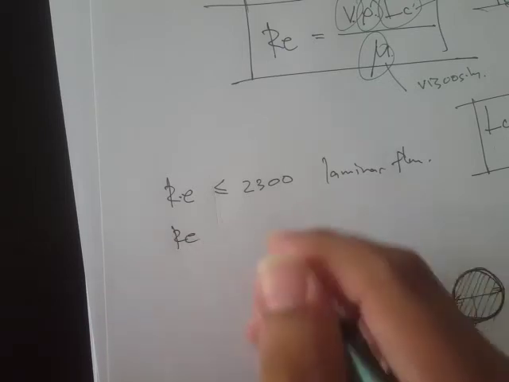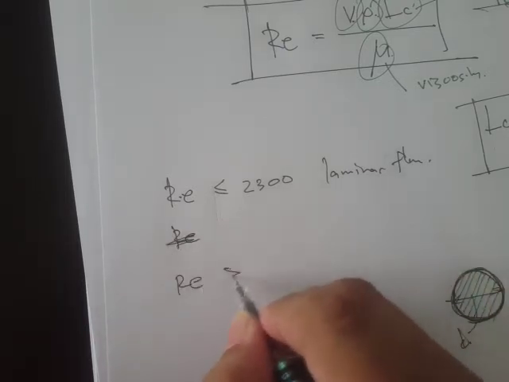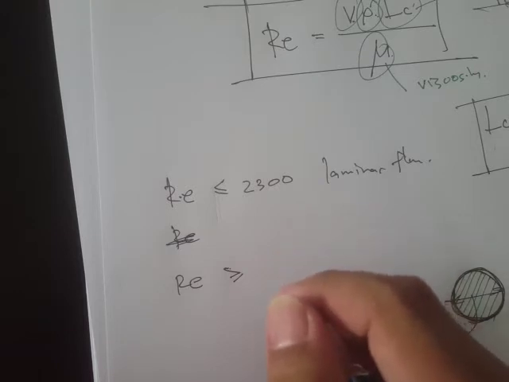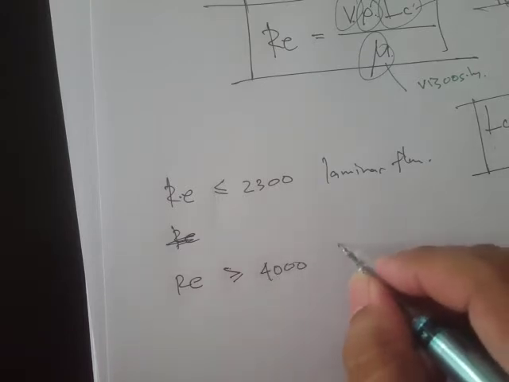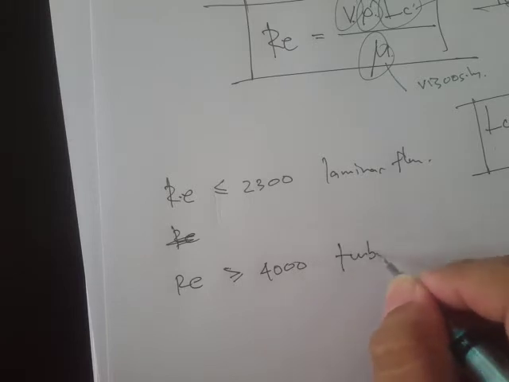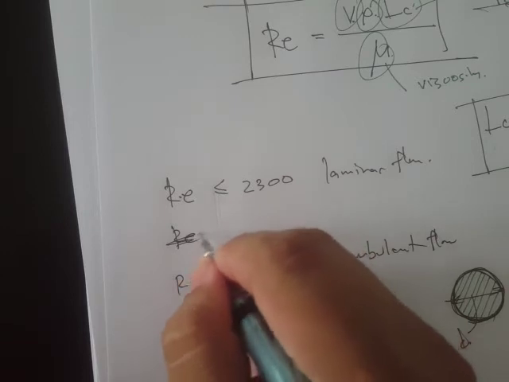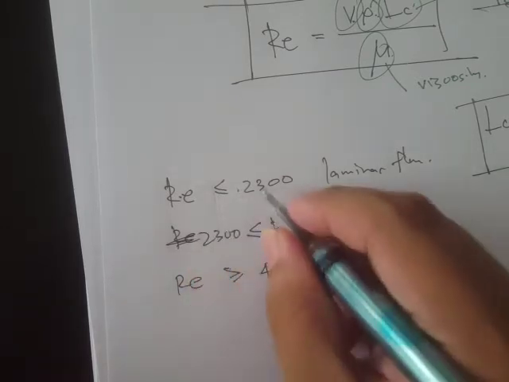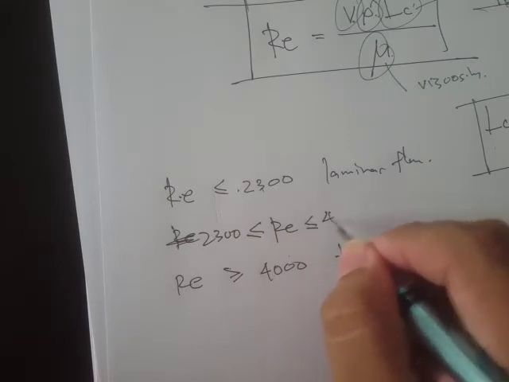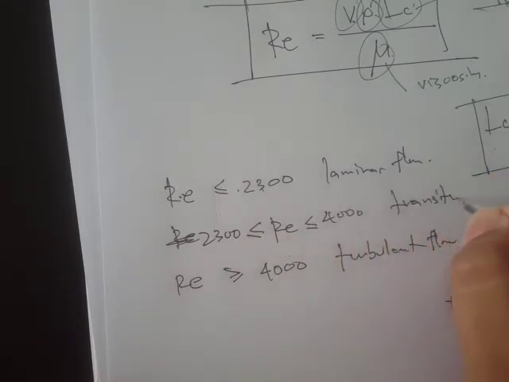And if Re is greater than 4,000, then the flow is said to be turbulent flow. And in between, if our Re is between these values, then we have a flow that's called a transition.